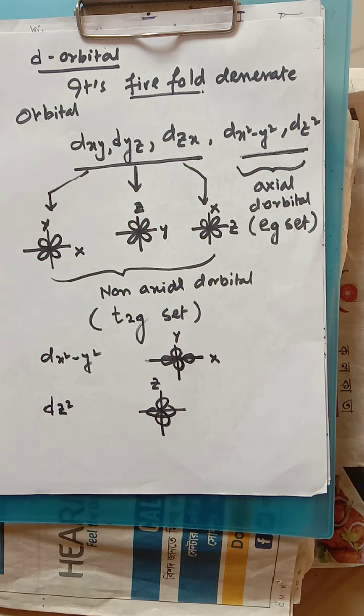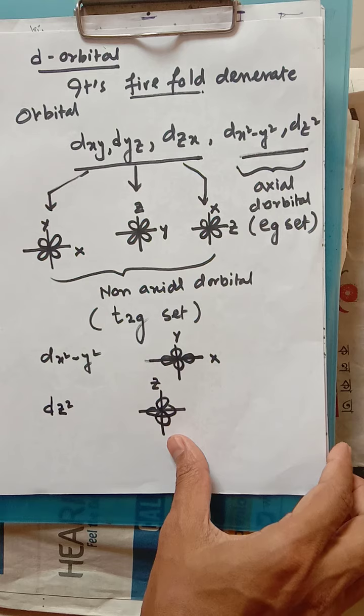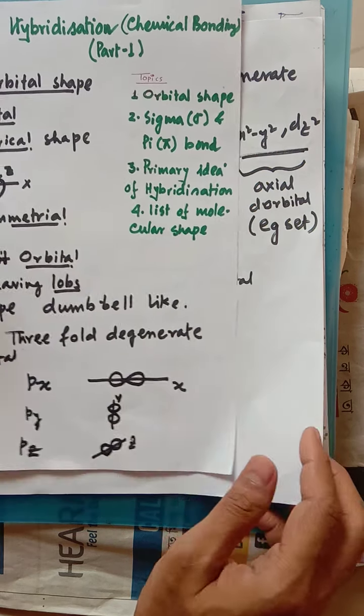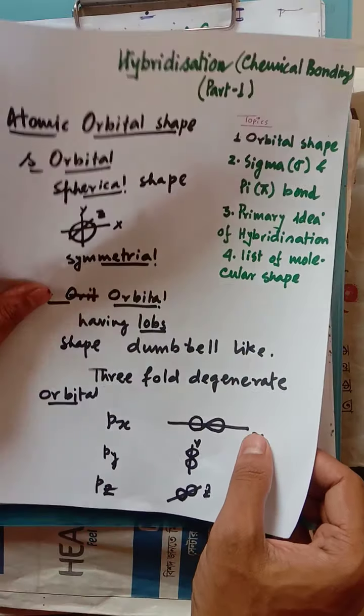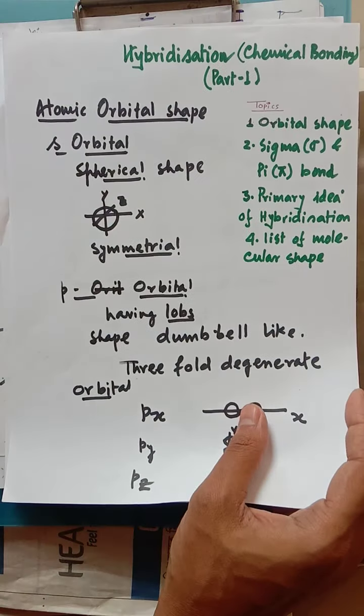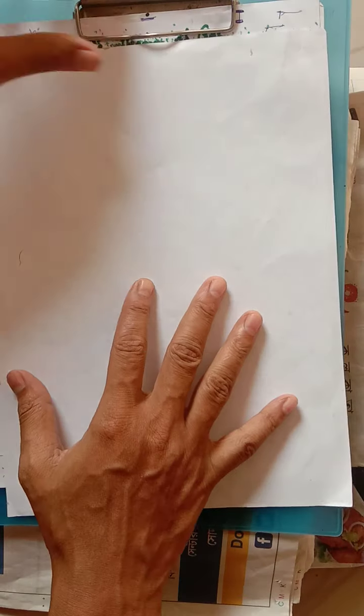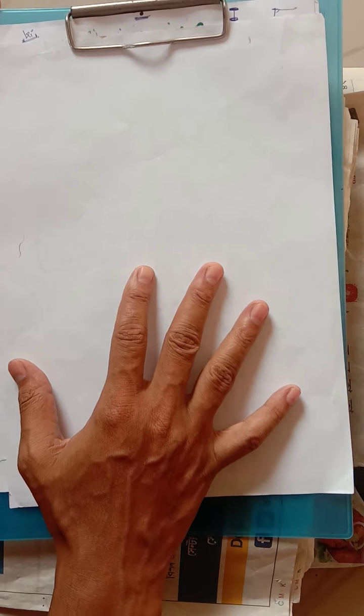Now moving to the next segment, sigma bond and pi bond. What is the meaning of sigma bond and pi bond? Actually we can say it is one of the categories or types of the covalent bond.